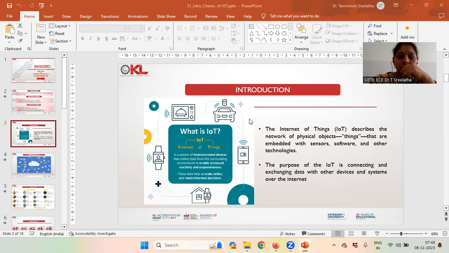From that place itself, we can operate the devices which are there in our home. A simple example is a smart home.